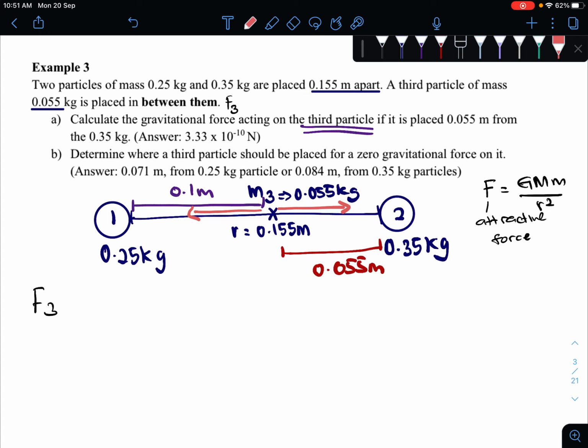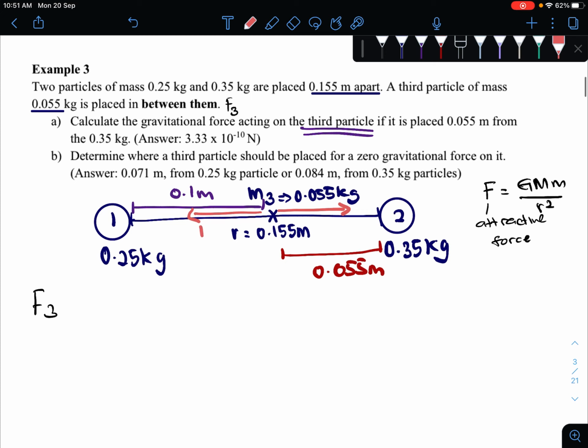Okay, and then kita kena cari secara overallnya dia akan lebih ke arah siapa. Sebab dua-dua orang menarik. So dia akan ada F1 on 3 dan juga F2 on 3. So you're going to experience two attractive forces here. So to find F3 iaitu total attractive force, dia akan jadi F13 plus with F23 basically.